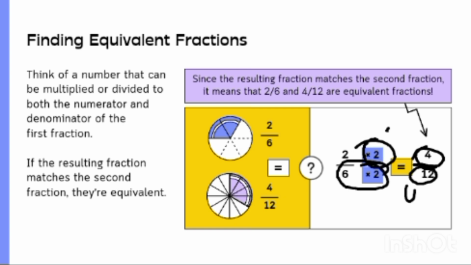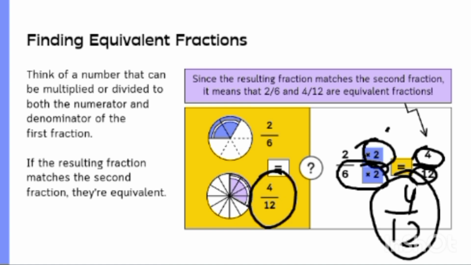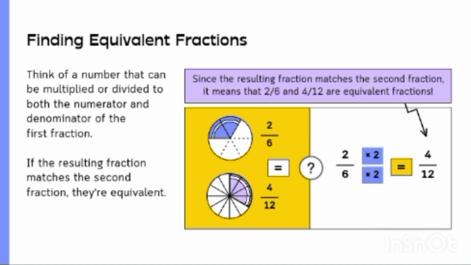So we get 4 by 12. Since the resulting fraction matches the second fraction, 2 by 6 and 4 by 12 are equivalent fractions, as they are matching.